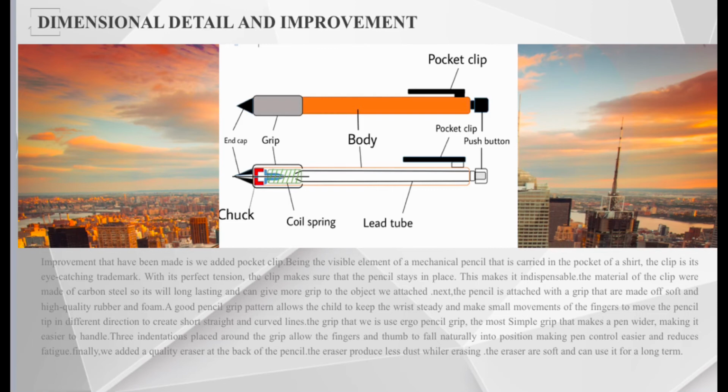A good pencil grip pattern allows the child to keep the wrist steady and make small movements of the fingers to move the pencil tip in different directions to create short, straight and curved lines.